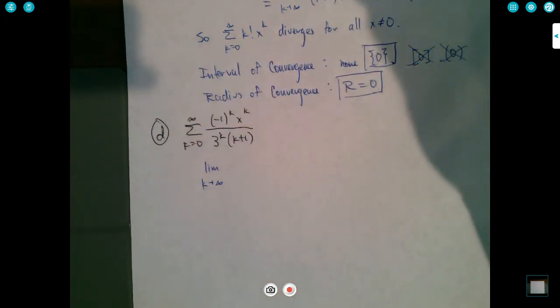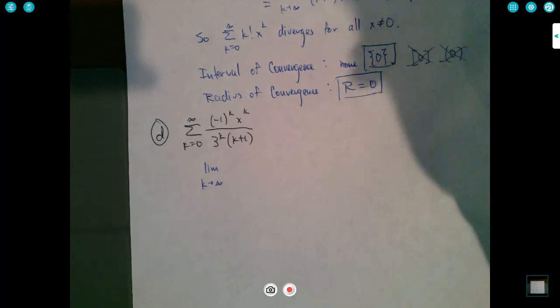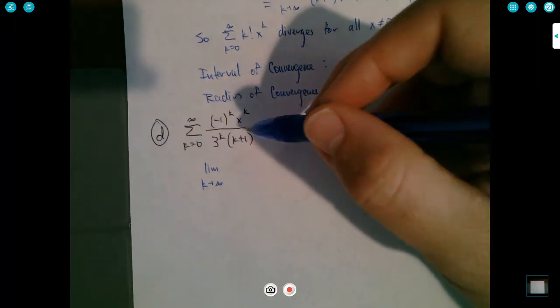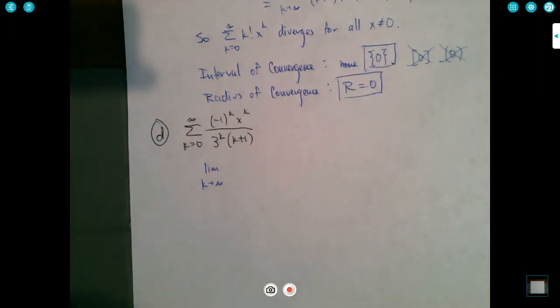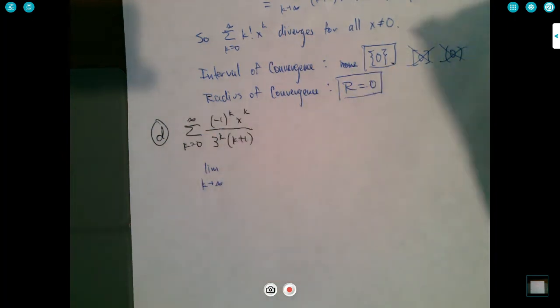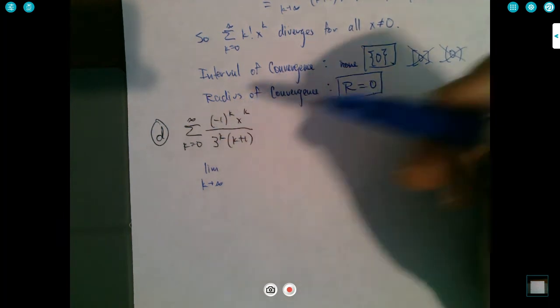Take the limit as k goes to infinity of the absolute value of a_(k+1) divided by the absolute value of a_k. When we take the absolute values, the -1 to the k thing just disappears, but I still need absolute values around the x because x could be a negative number, right? So this thing disappears. This thing I'm going to put absolute values around.